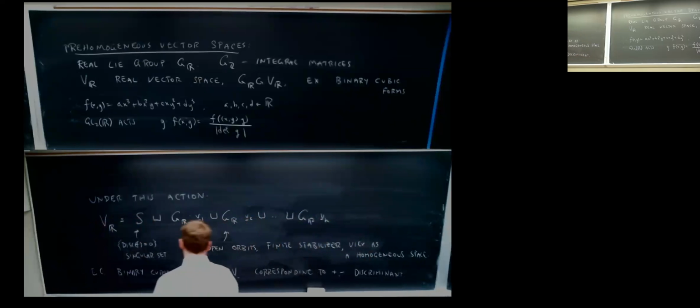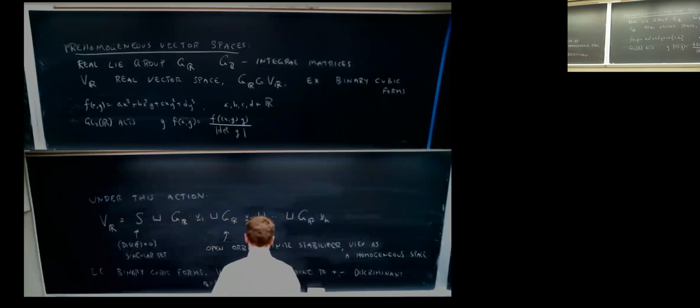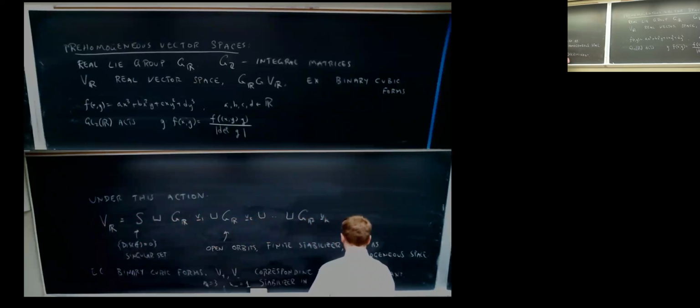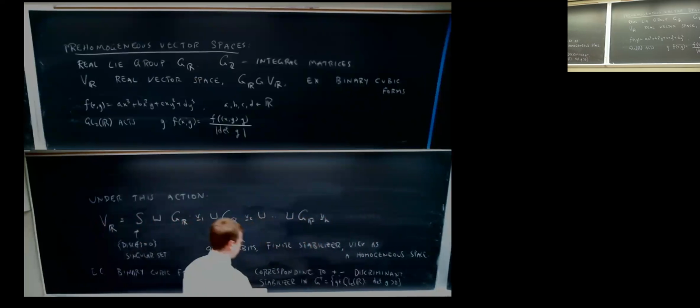For n equals 3, the stabilizer in G plus, which is in GL2(R) with determinant positive, is fixed.